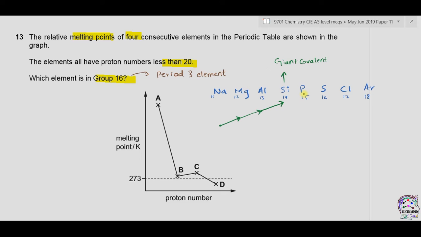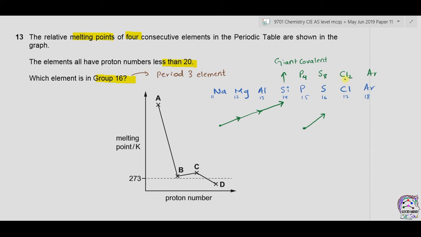Now phosphorus is a nonmetal and it occurs in the form of a molecule of 4 atoms, while sulfur exists in a molecule of 8 atoms, chlorine exists in a molecule of 2 atoms and argon is single. As we know, for larger molecules the intermolecular force of attraction is greater because there are a greater number of electrons, so the melting point of phosphorus will be less as compared to the melting point of sulfur.